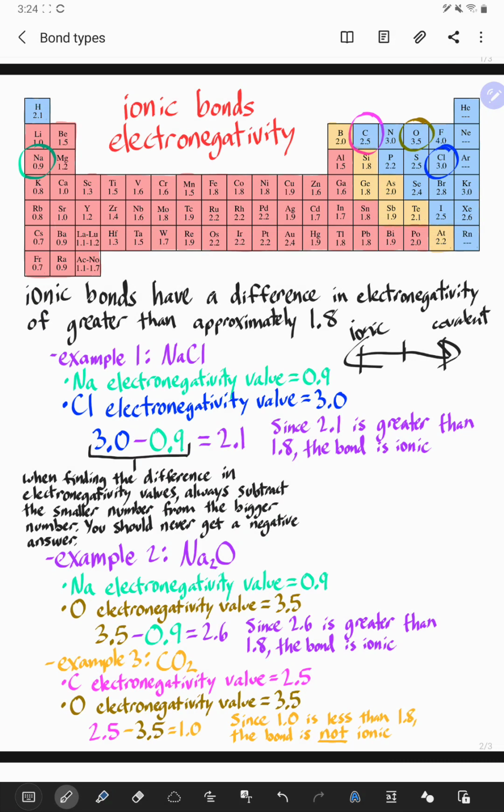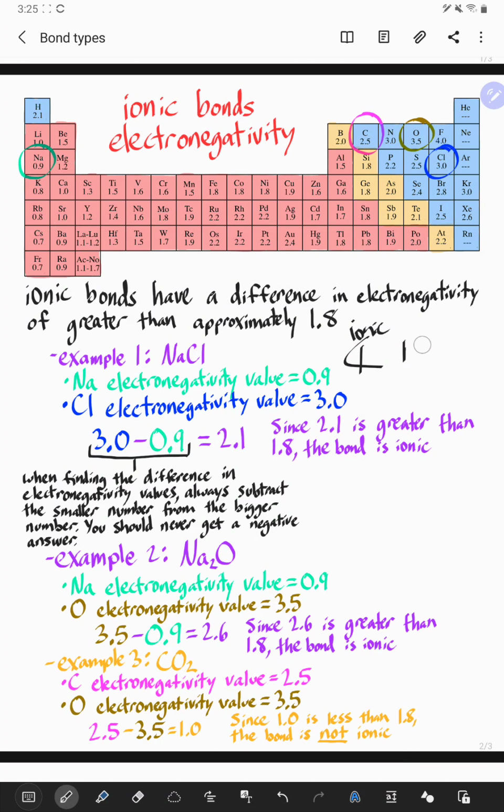But in this level of chemistry class, we're just going to be characterizing things as either ionic or covalent because that's typically how we'll describe things. But just to let you know, if something's ionic, that doesn't mean it's 100% ionic. It might have some covalent properties.